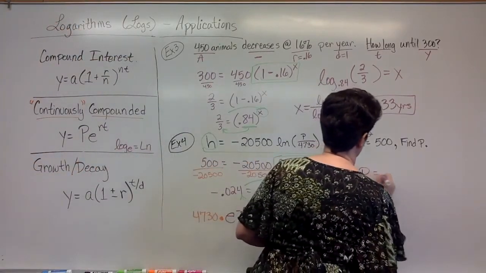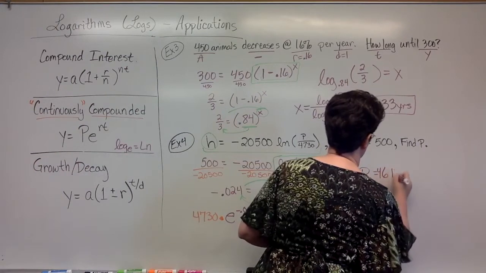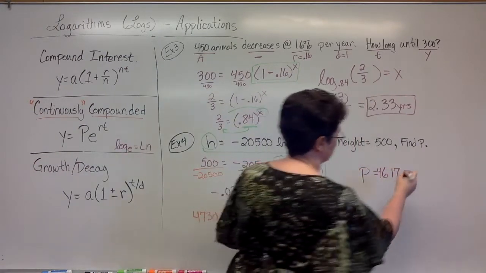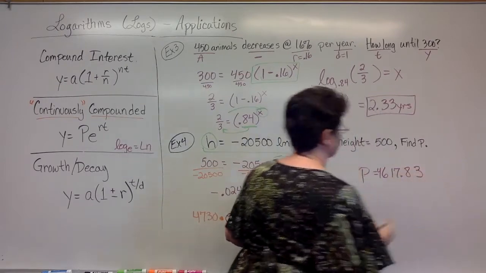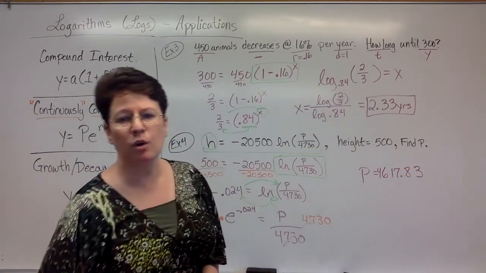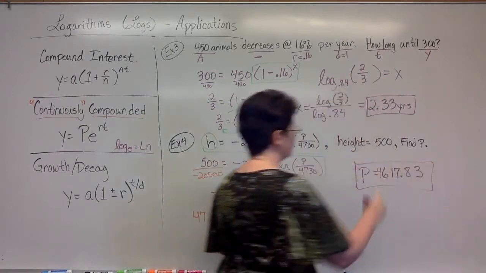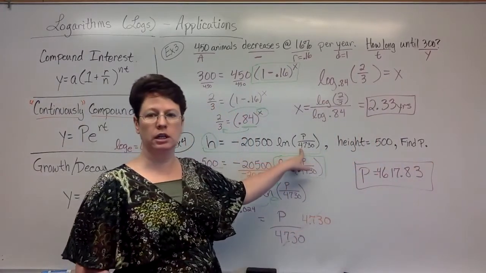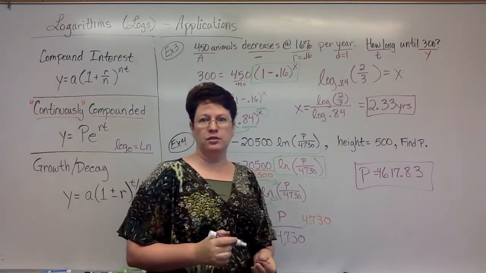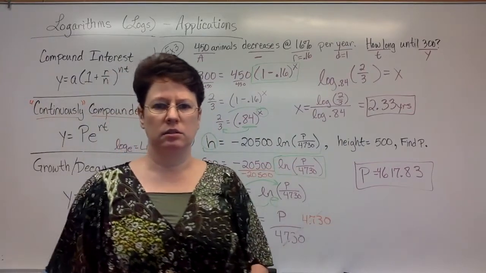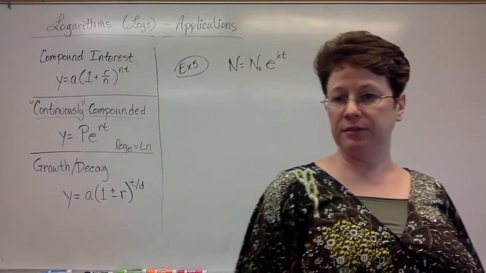So P equals 4617.83. That's time? No, that's pressure. Different problem, okay? I can have pressure that high. I mean, look, the pressure in the atmosphere goes that high. That's okay. Good answer.